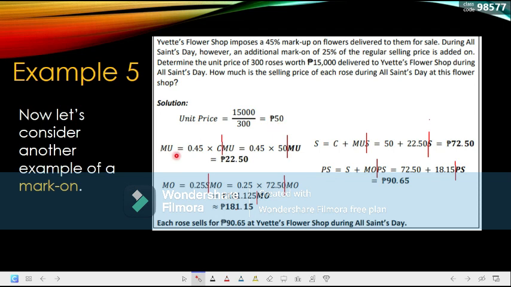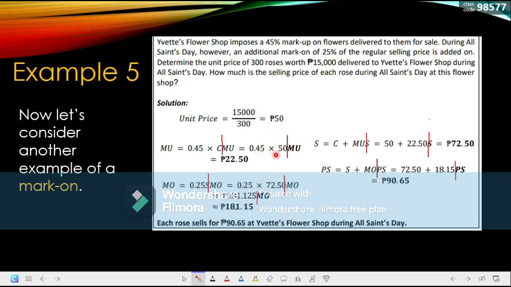So the markup, let's go back to the problem, imposes a 45% markup on flowers delivered to them for sale. So the markup would be 45% of the cost. Let us solve first the markup. So 0.45 times the cost. The cost is 50 per piece or per unit. So you have 0.45 times 50.